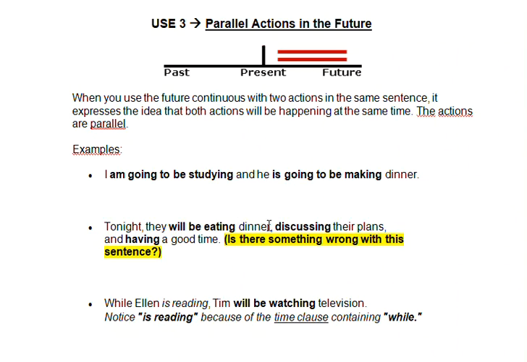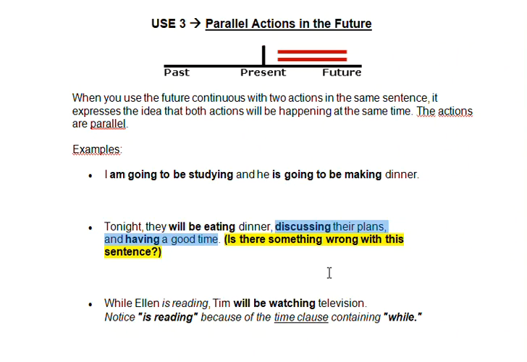Yes. In the first sentence here, I use the complete structure of the future continuous tense. Aquí ocupo la estructura completa del futuro continuo. They will be eating dinner. But if you notice, after that, I don't use the complete structure of the future continuous. Aquí yo no ocupo la estructura completa del futuro continuo. I can shorten my sentences.